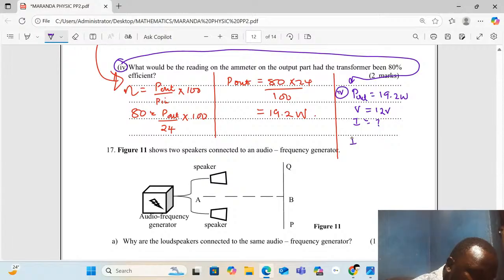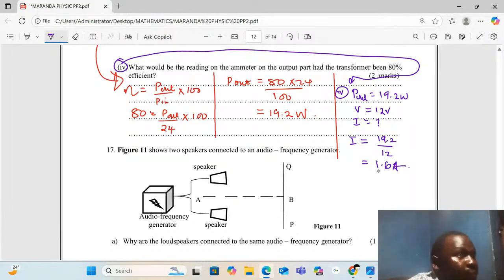Our current will be the same as 19.2 divided by 12. So this leads us to 1.6 amperes.